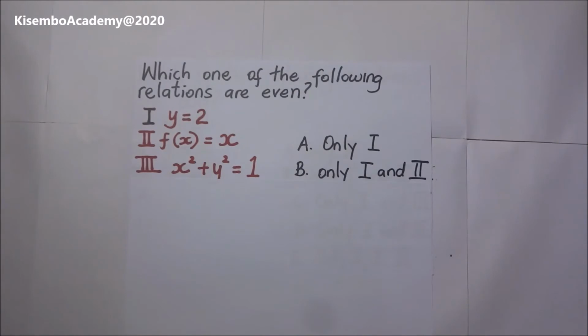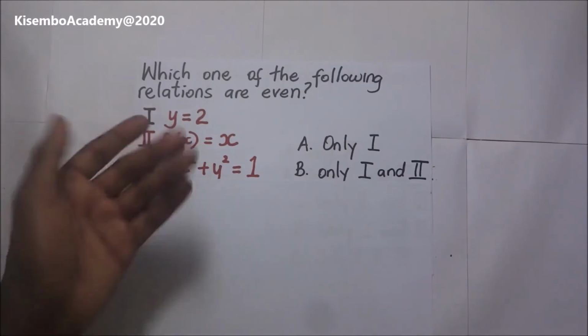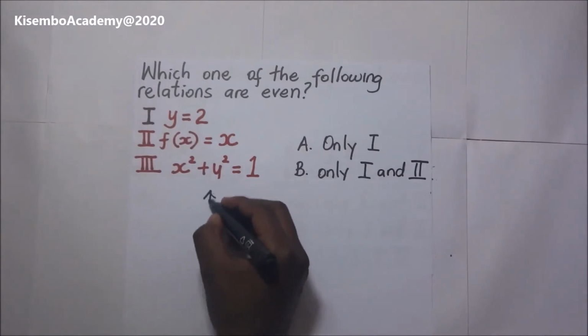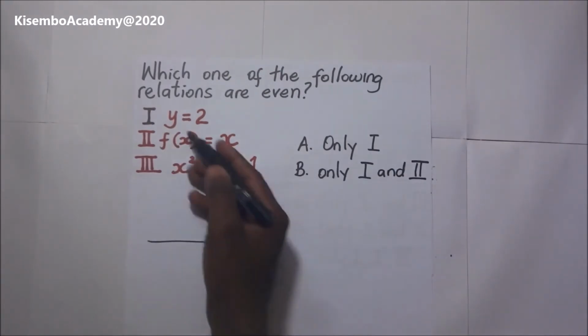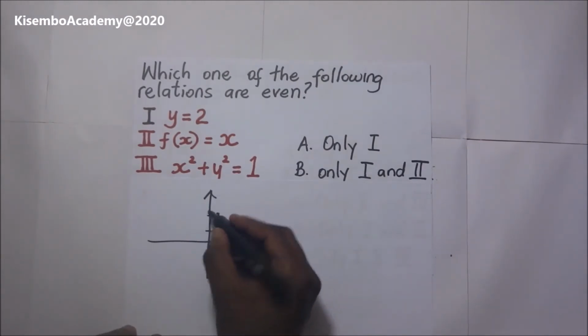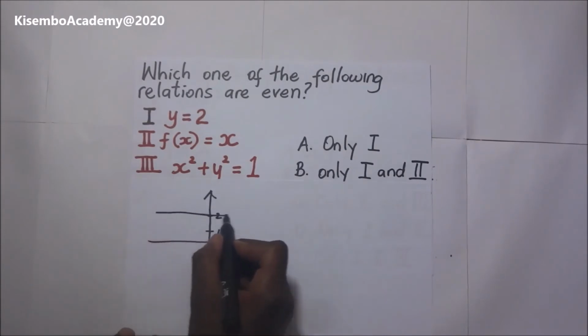So we shall basically try to identify how these things look. For example, if I sketch a graph of y is equal to 2, it is a straight line.